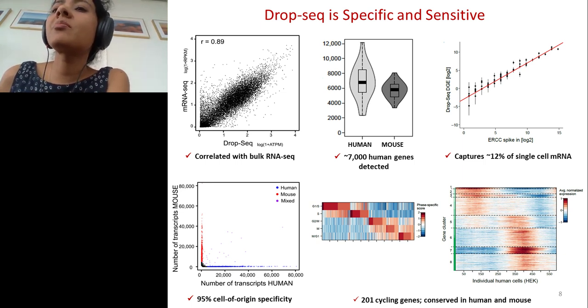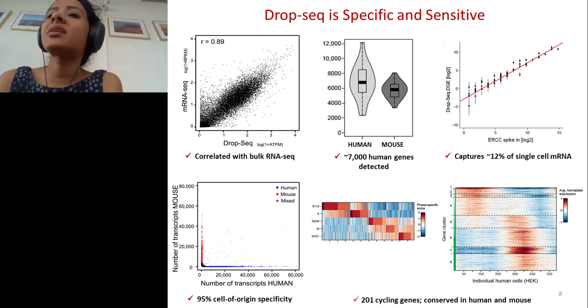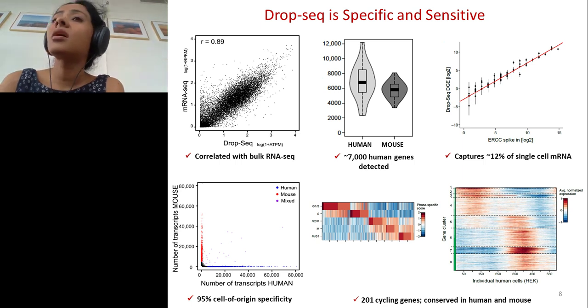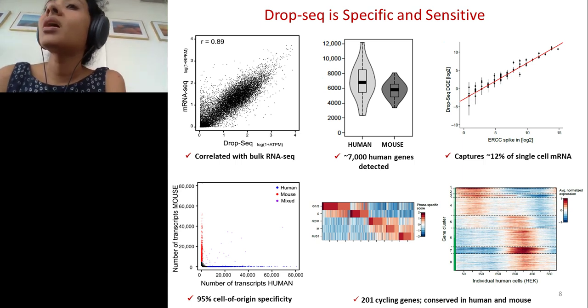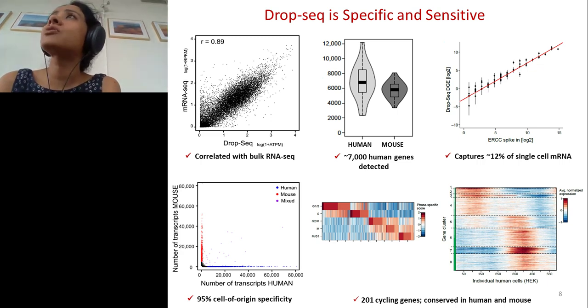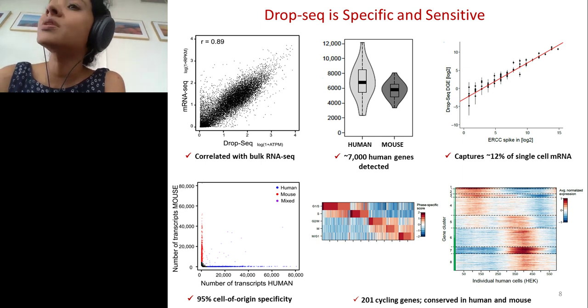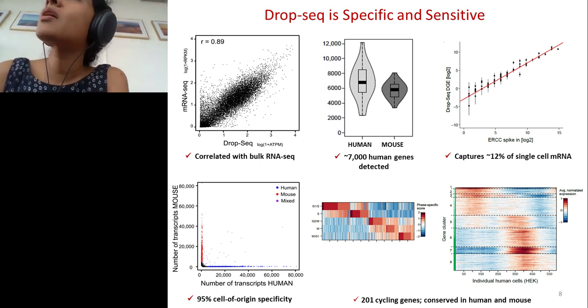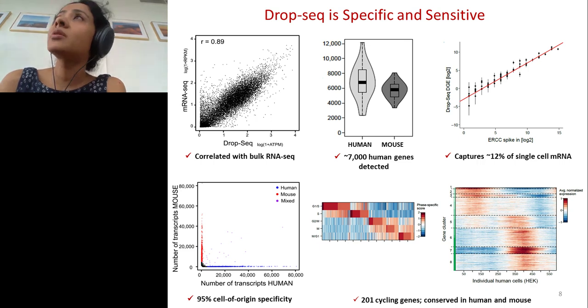A couple of things that I'm going to point out about this technique is that it has pretty high correlation with bulk RNA-seq, about 0.9. On average, we get about 5,000 unique genes for every cell that is run.